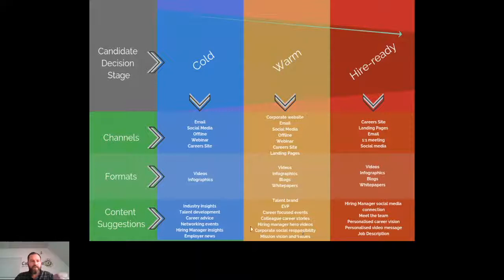Now, what we want to do using technology is serve up really personalized experiences. And you can only do this if you're tracking and scoring the things that your candidates are doing. So if we know that John likes industry insights in a video format through email, that's what automatically John should be receiving.